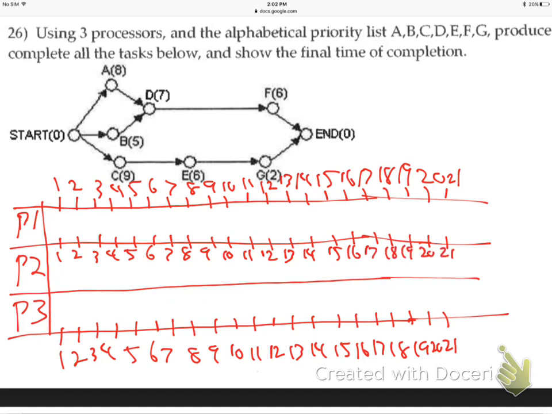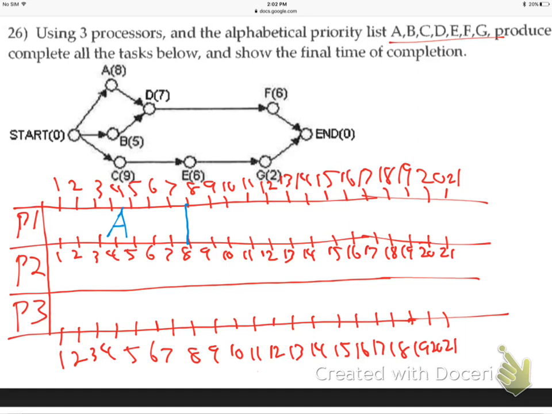Okay, so who's first? Processor 1. What are the options for processor 1? Well, same thing, A, B, and C, right? Just A. He's going alphabetical, so he's going to do job A for 8 hours. Good there? Processor 2, what are his options? B and C. Which one will he do?